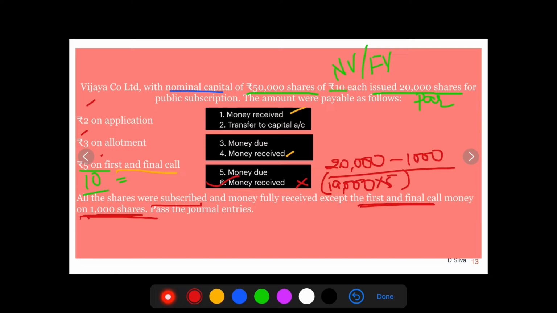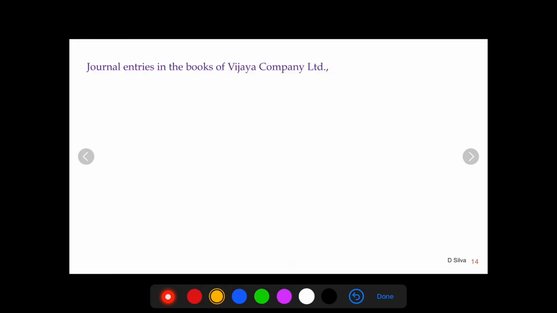If I have to put it the other way around, the company has issued 20,000 shares, out of which for 1000 shares we are not receiving the money. That means we have received money only for 19,000 shares of rupees 5 each on first and final call. Let's work out the solution.